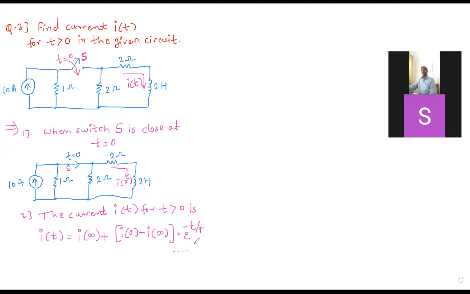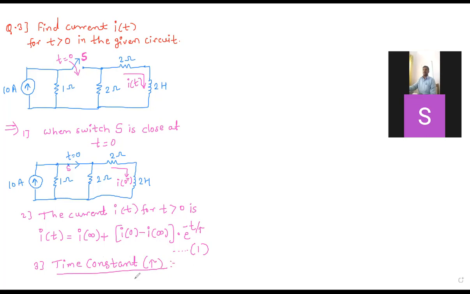This is my equation number 1. Now next, question number 3, step number 3: the time constant tau value you have to find out. As you are observing, this is an RL circuit.